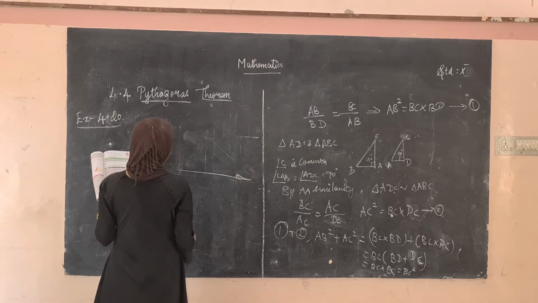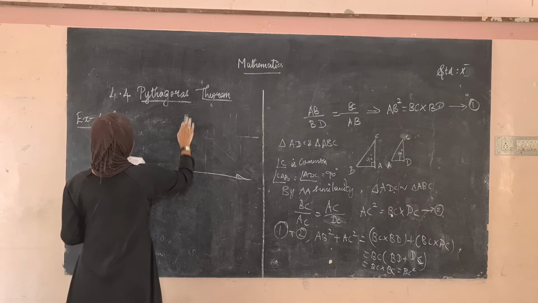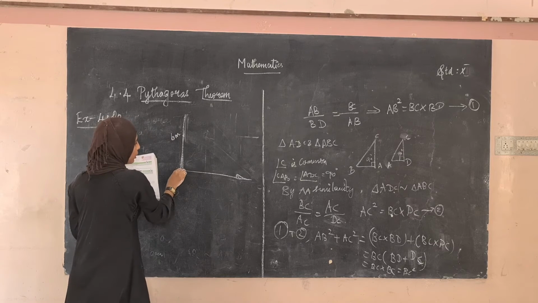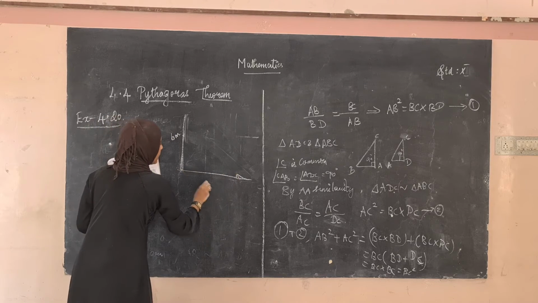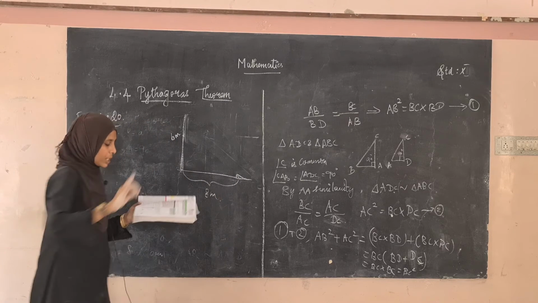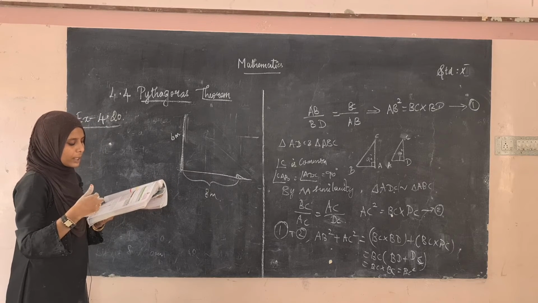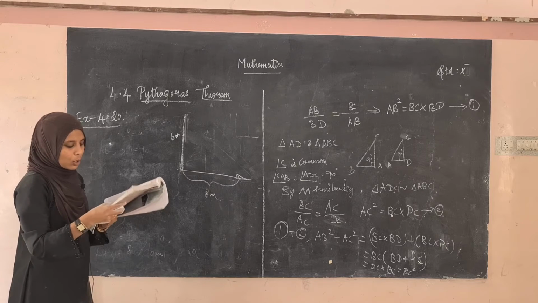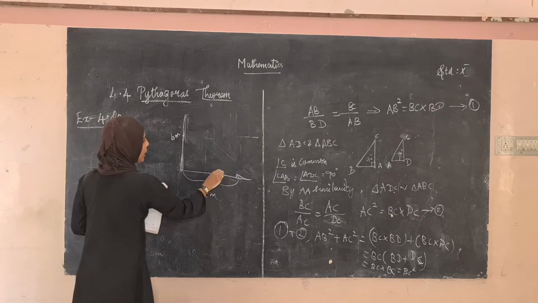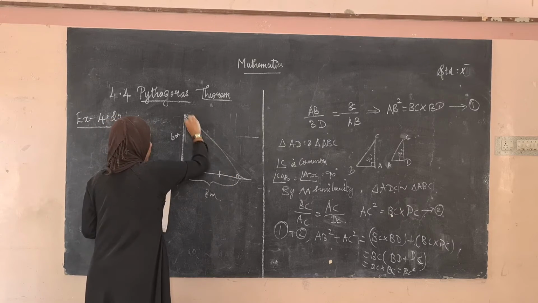Let this be the lamp post, its height is 6 meters. From the foot of the lamp post, the insect is 8 meters away initially. It crawls towards it, moving through a distance. It moves to some point, if it comes here.